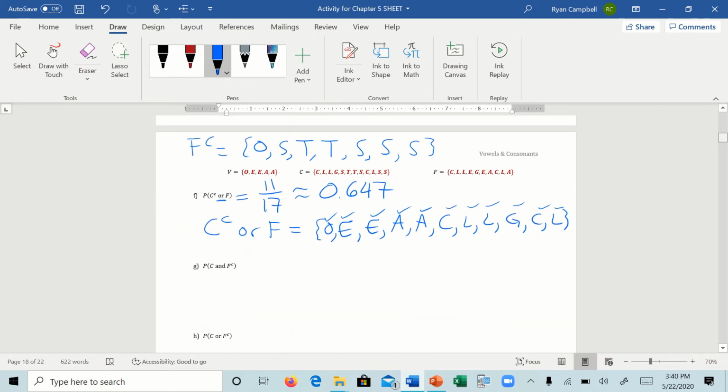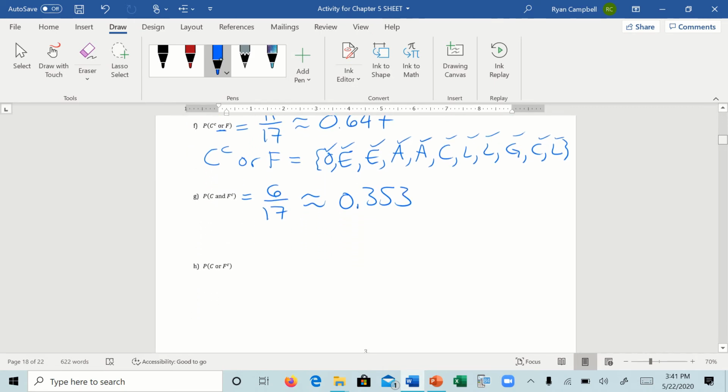So if we're looking at the and, the ones in common with C and this complement, we see that the consonants in common are the S, the T, the S, and the S. So how many letters are in common with both? 1, 2, 3, 4, 5, 6. So we get 6 over 17, which is 0.353. So remember, and is in common, or is in either.